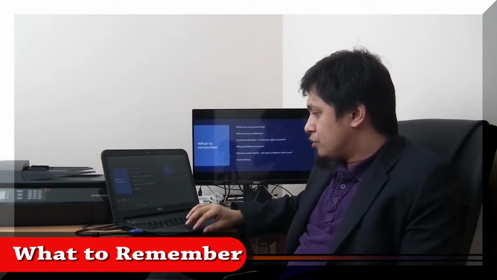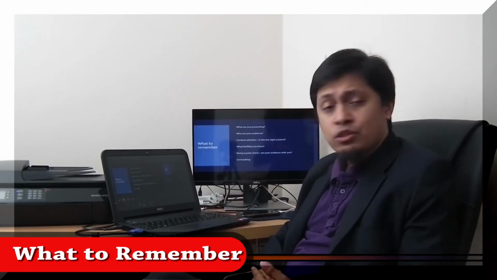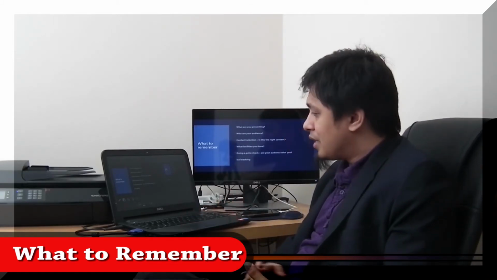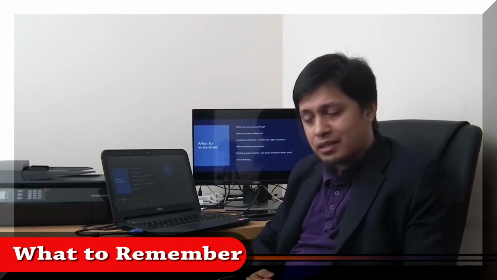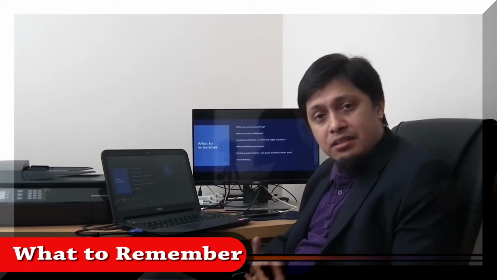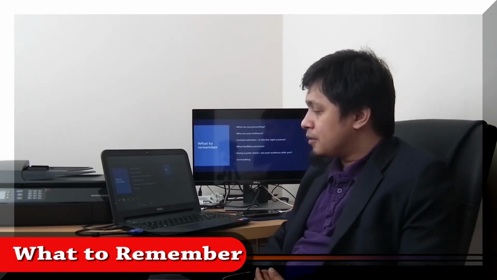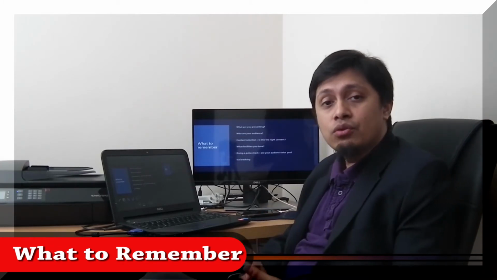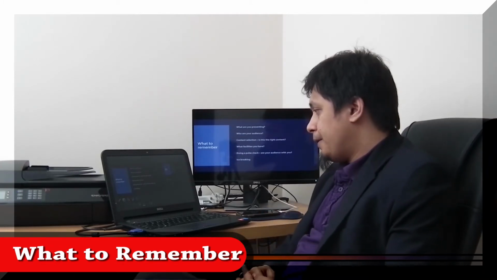So this is how you can use the alternative. So make sure, before what to remember, this is one part: remember to use all the facilities that you have, and utilize them fully, so that you are in your best comfort zone to deliver your presentation.